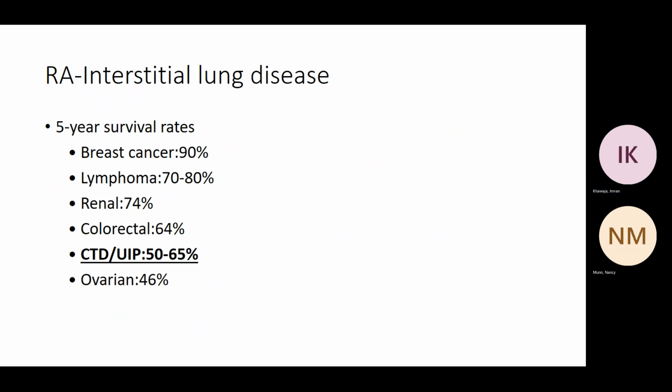Special slide about the epidemiology of RA-ILD is in the INBUILD study. We'll discuss it later. Is there any specific number for how common it is among rheumatoid arthritis patients?